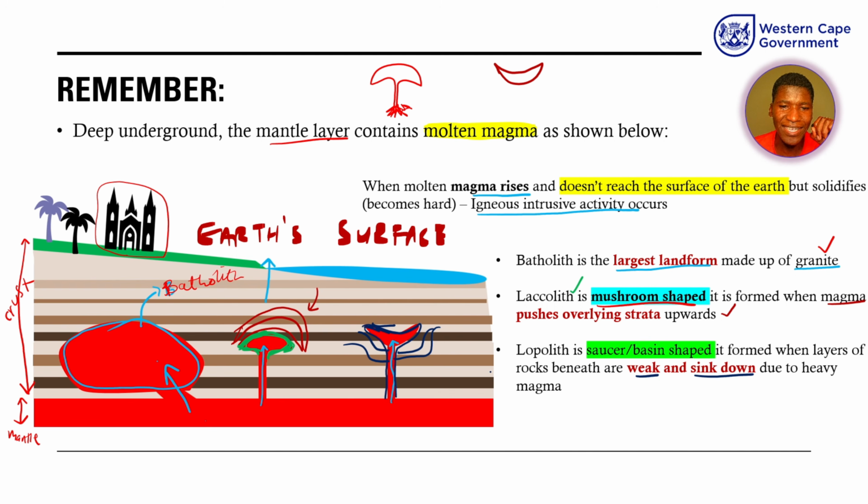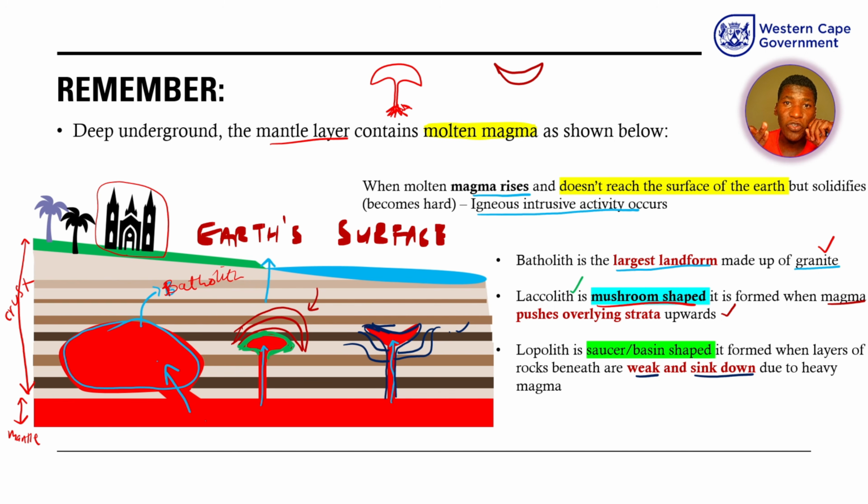These horizontal brown layers sink down, causing the lopolith to be formed. So for a laccolith, the rock is pushed up; for a lopolith, the rock sinks down. The magma is heavy and the rock sinks down. So it's the opposite.